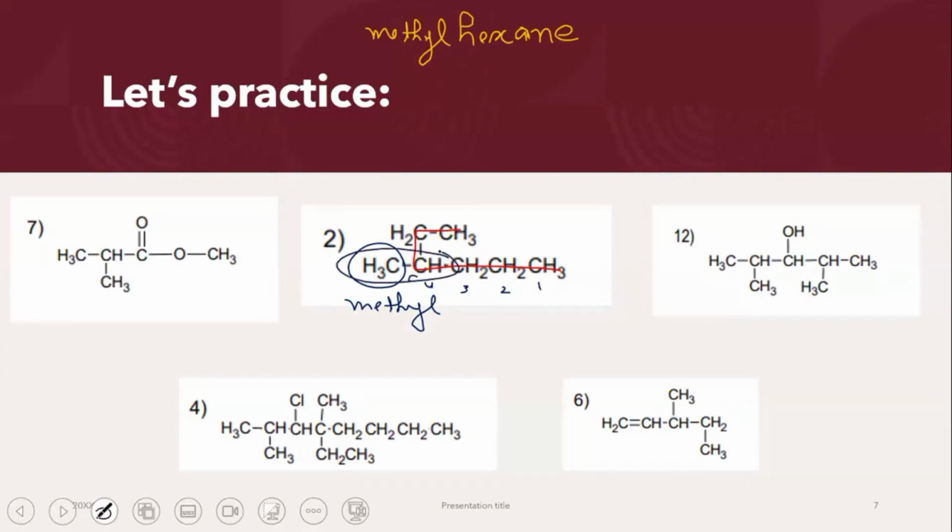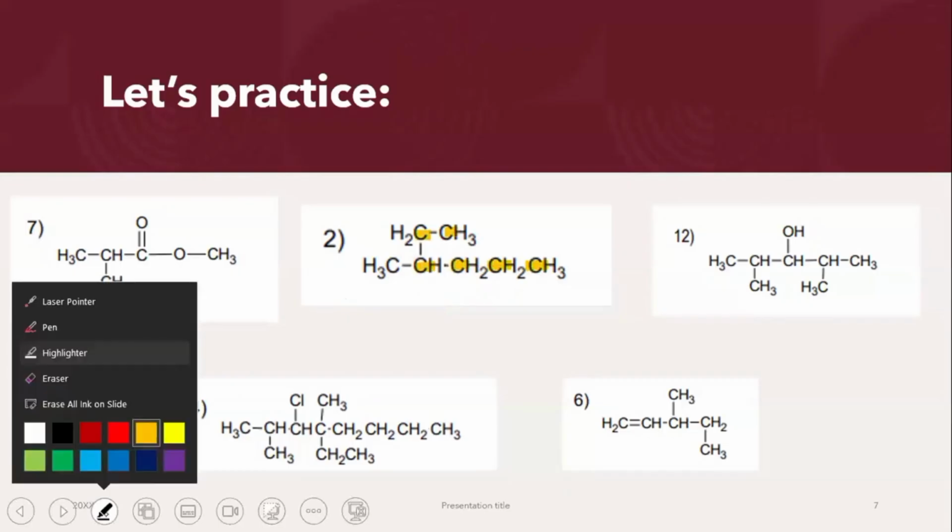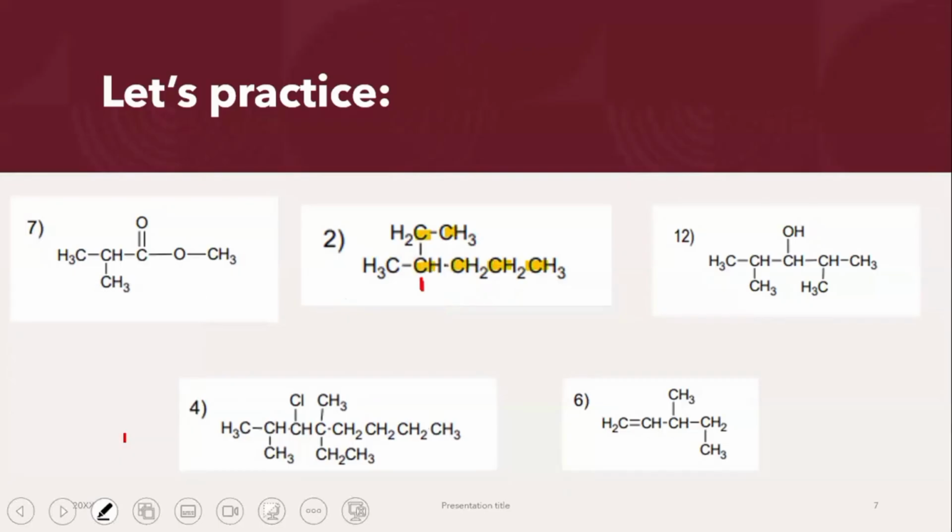But remember, we're counting on the main chain. Do not count CH3. We're counting the carbon atoms in the main chain, right? So these are the carbon atoms in the main chain, and we're only going to be counting them. So if I count from the right side, I get carbon atom number 4.